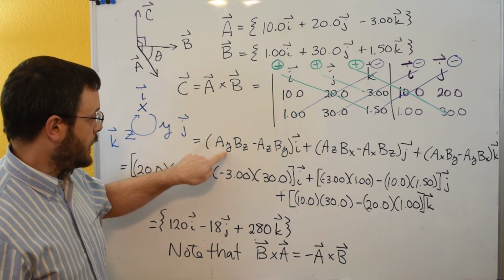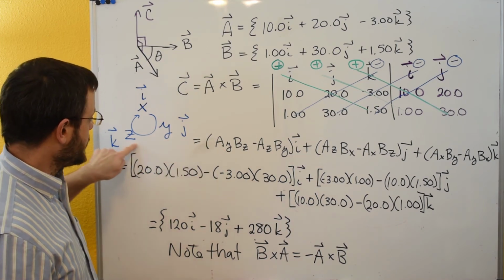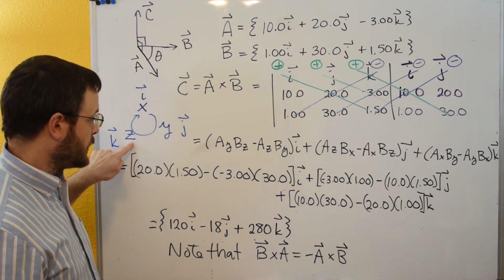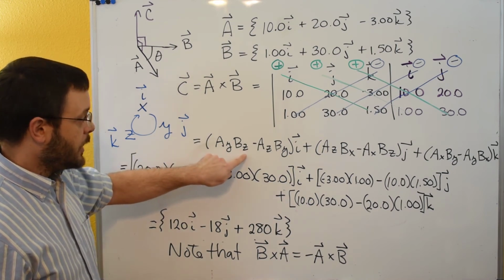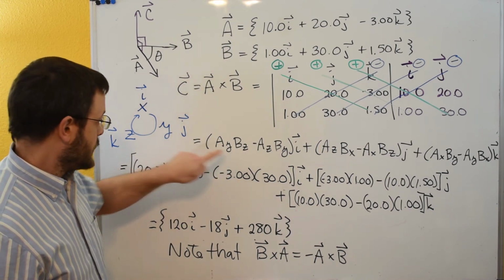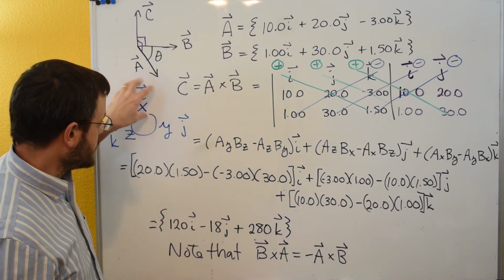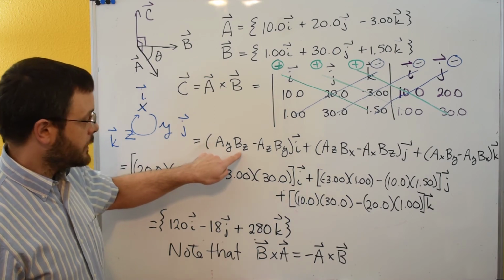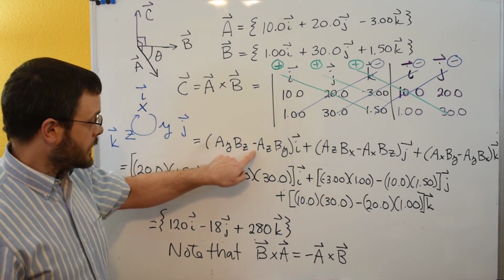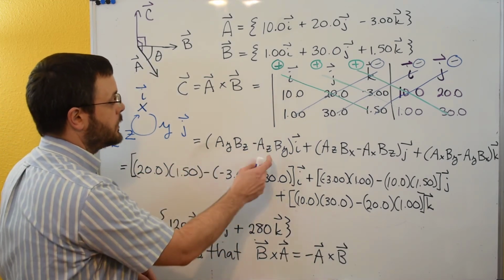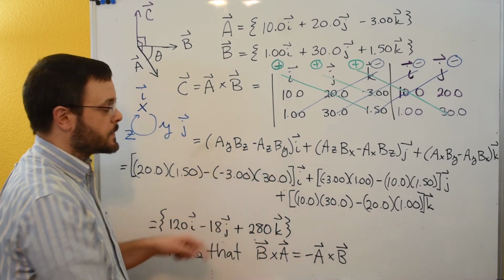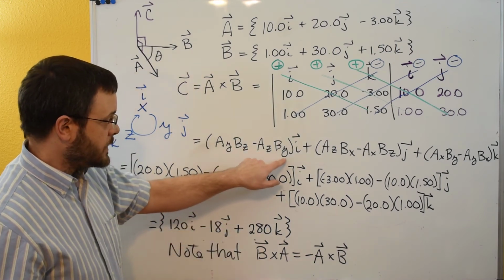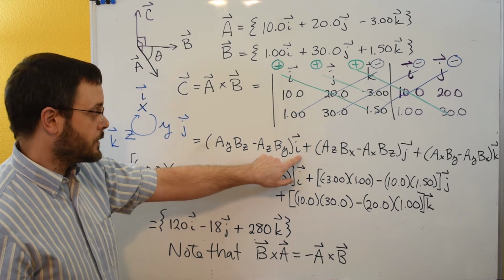So this is going to be ay. It's going to be multiplied by then the z term of your second vector, b. So again, you're looking at i's, so go along to y. It's going to be ay times bz. Then stick a negative sign, and then just flip your subscripts. So it's going to be minus az by, and that's your i term.